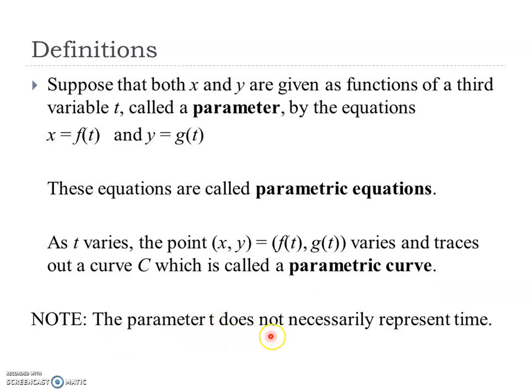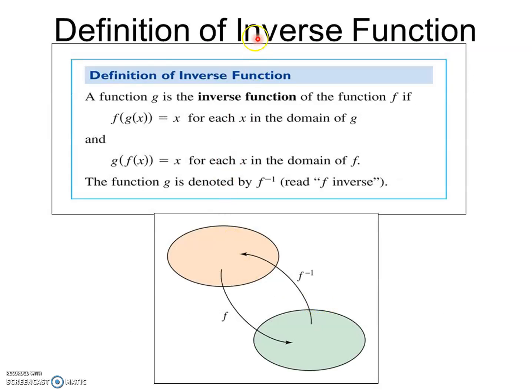Note, the parameter t does not necessarily represent time. Here the parametric function gives a platform to types of equations in the t parameter only, not representing time. It is used as a parameter.